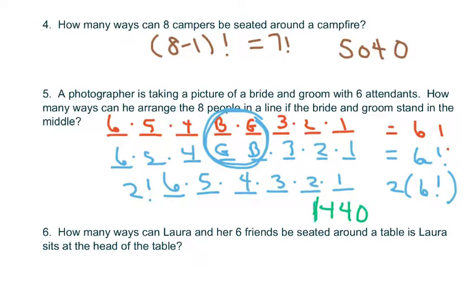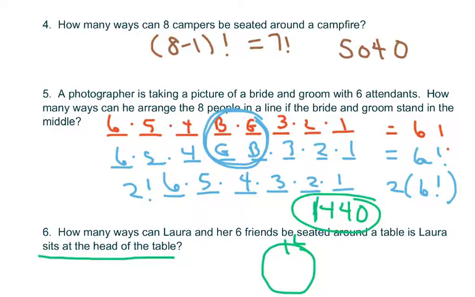So that's 1440 ways. How many ways can Laura and her 6 friends be seated around a table? Laura sits at the head. So it's around a table, but Laura has to be here. And so there's 6 ways. So this ends up not being a circular permutation because we have a fixed point, Laura has to sit there.